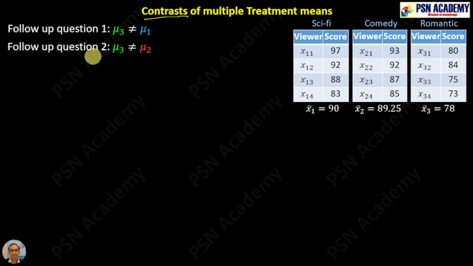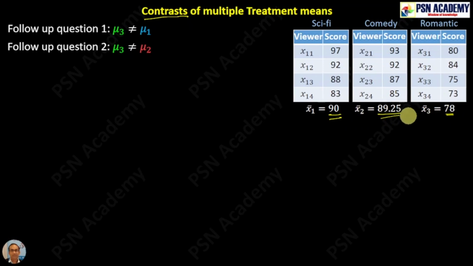And the second follow-up question is that mu3 is not equal to mu2. Now, you can see that we are comparing mu3 with both mu1 and mu2, but not in any other way. Why? Because from the sample means, x1 bar is 90, x2 bar is 89.25, very near to x1 bar, but x3 bar is a little bit far away from these two, that is 78.